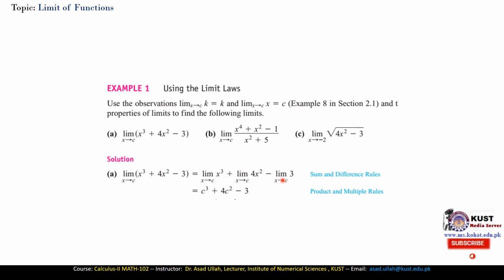The limit of a constant is always equal to the constant, so this is equal to 3. And here the constant multiple rule: taking 4 common, and the limit of x square is c square, so we get 4 times c square. And the limit of x cube at the point c is c cube. So we get c cube plus 4c square minus 3.